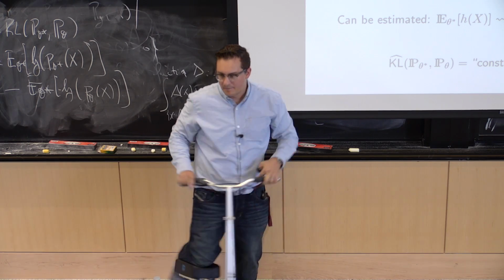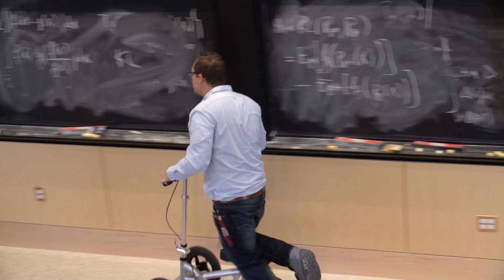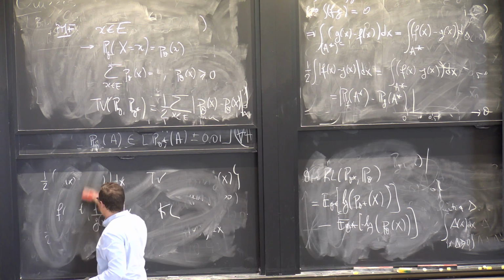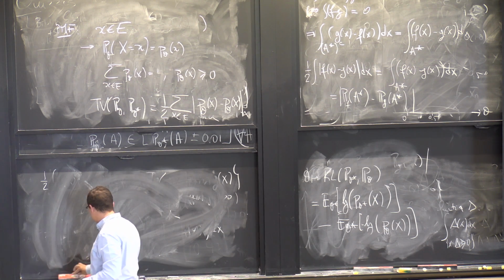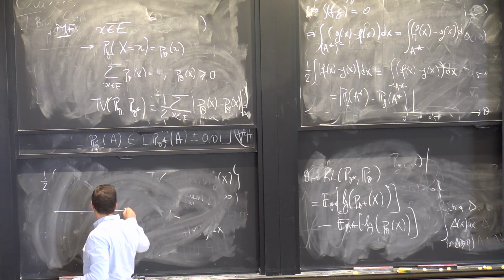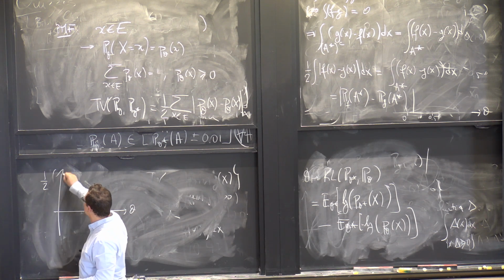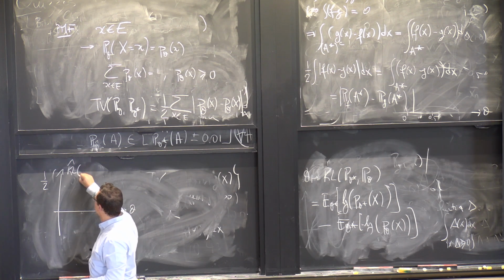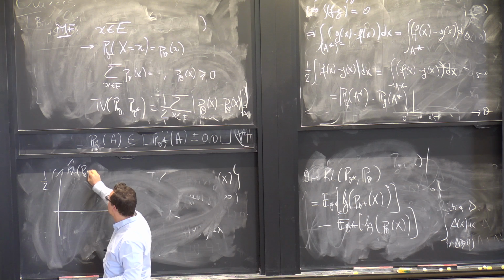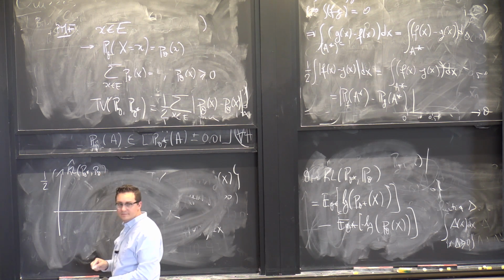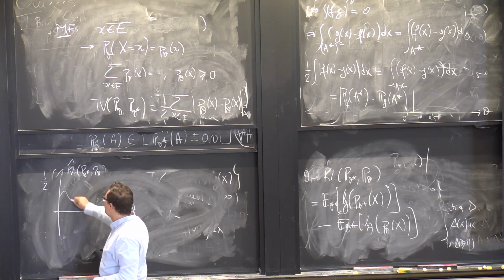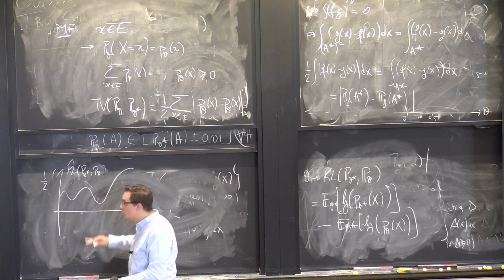If I have a function, so now I have a function of theta. This is KL hat of p theta star, p theta. And it's a function like this. I don't know where this function is.